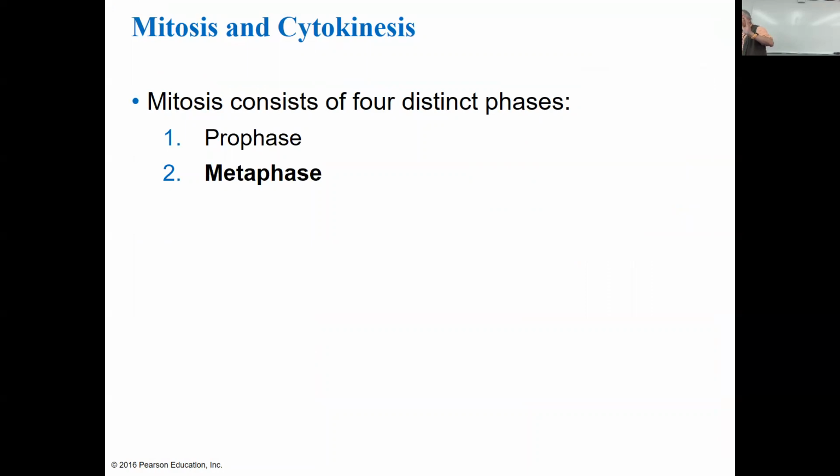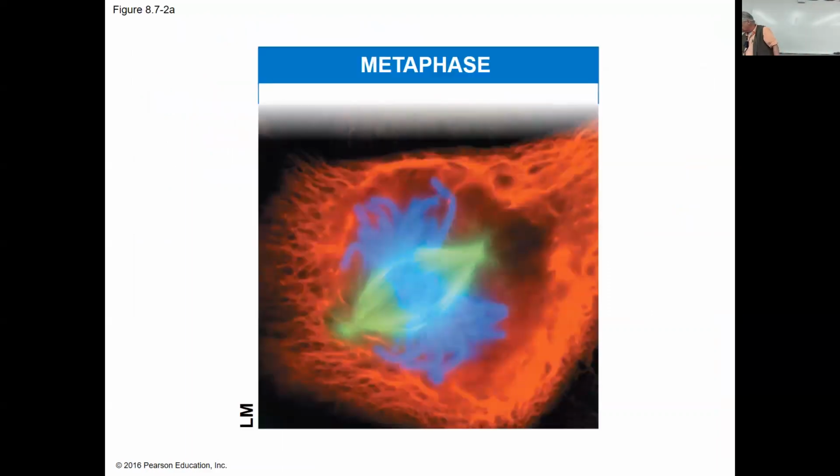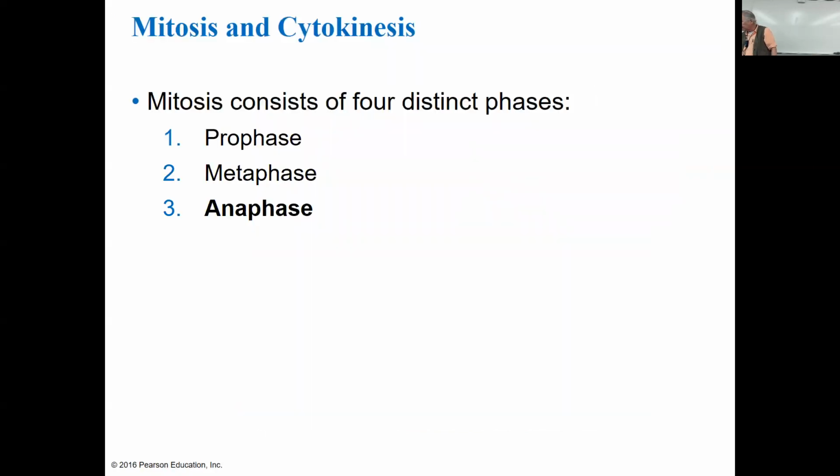Then what happens is the spindle fibers pull the chromosomes right into the middle of the cell. One line down the middle of the cell. That's called metaphase. And so all the chromosomes are on one line down the middle of the cell, and the green are the spindle fibers. They're attached to the chromosomes.